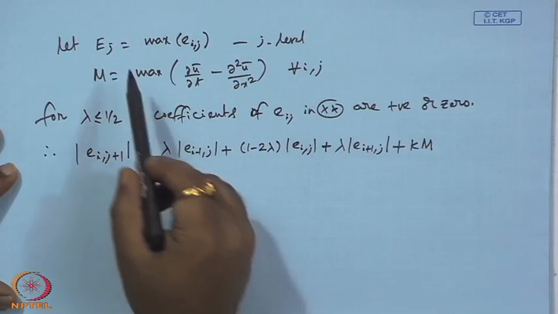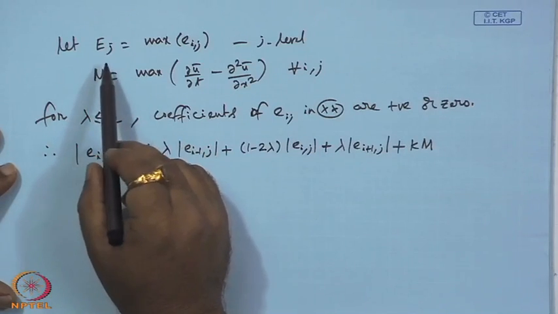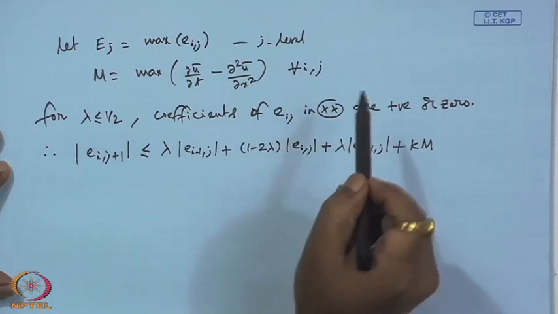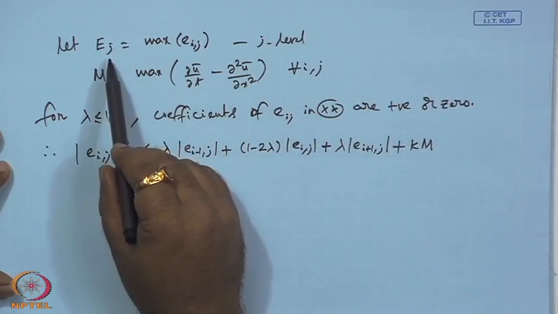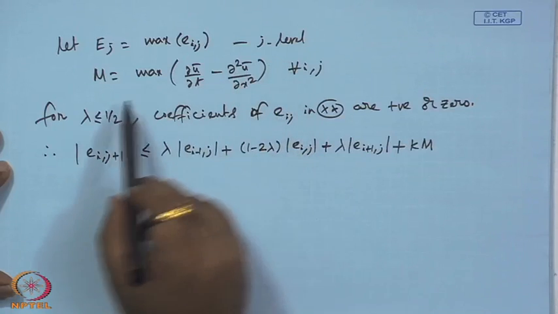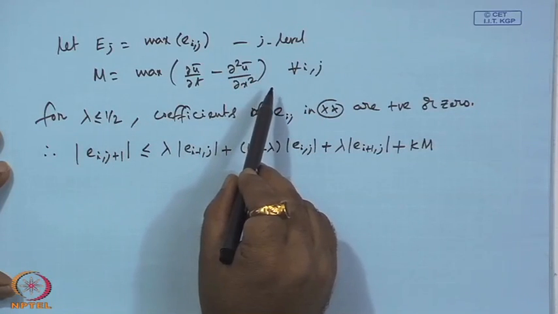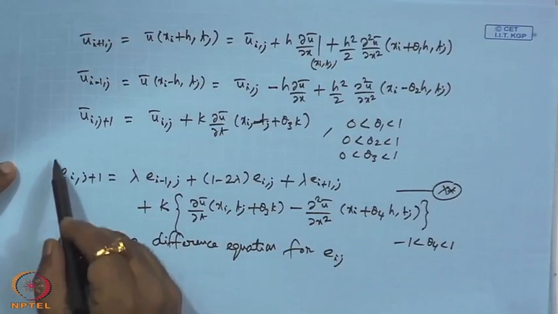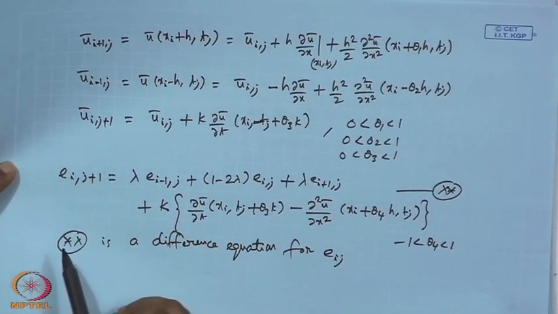Now, let at the jth level the maximum error be E^j, because at each grid point the error is different. So, the maximum is E^j, and correspondingly you call this. Now we are estimating the bound.